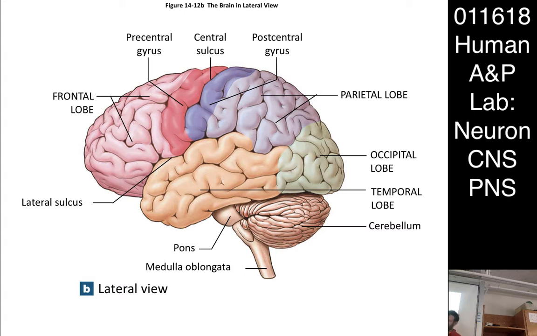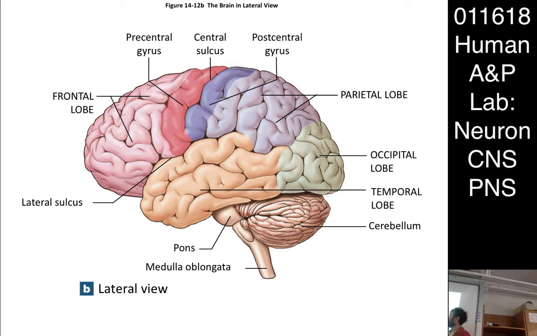When you look at the brain, you see it's this wrinkled structure. The crests of the wrinkled ridges are called gyri, or in singular, gyrus. So the ridge is called a gyrus, and in between is a sulcus, which means just a divot or a furrow.